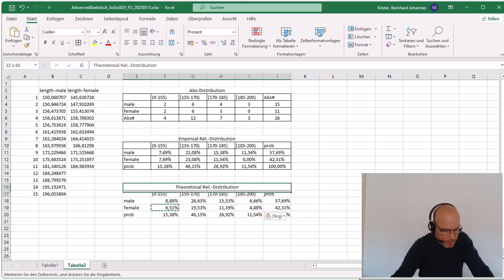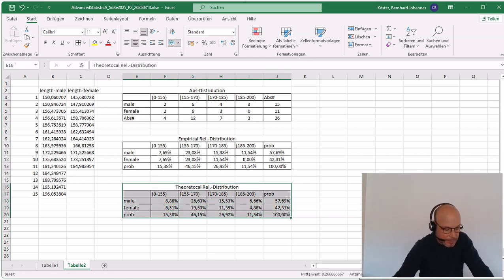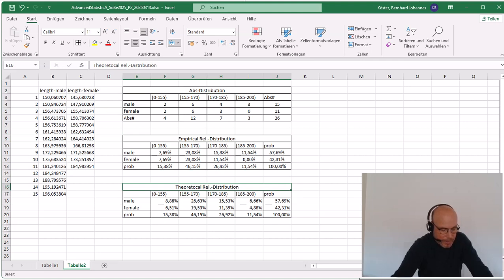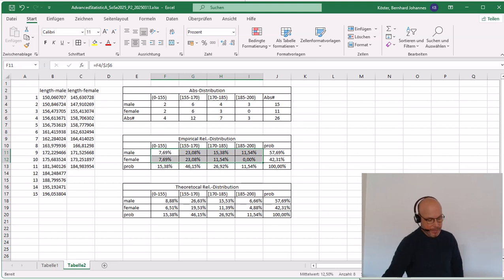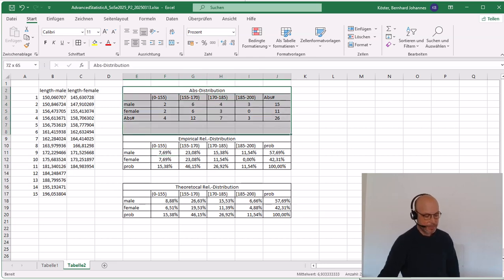And these are now our theoretical distribution. Well, and now we compare our theoretical distribution, these numbers, with our empirical probabilities. And what we see then is, of course, that these numbers here are differing. And this means that our two attributes are not statistically independent.